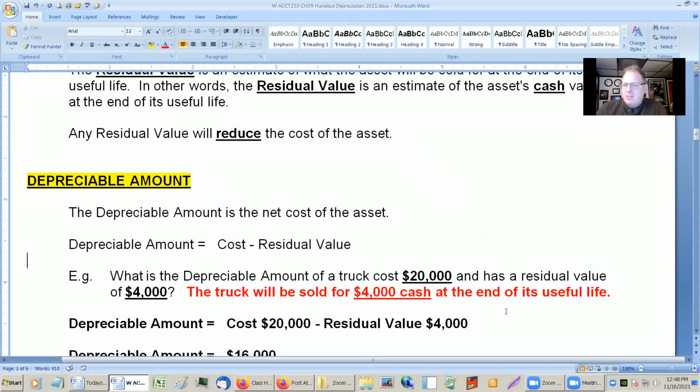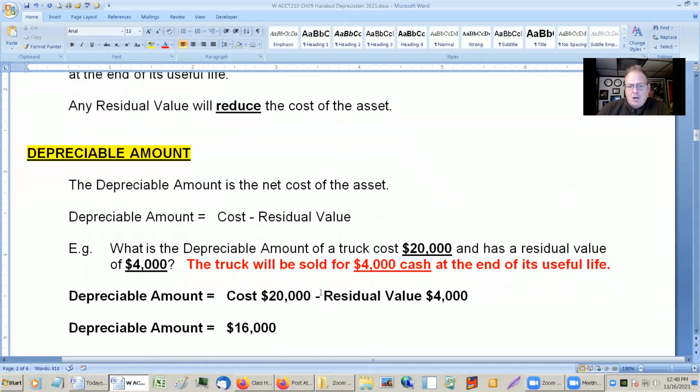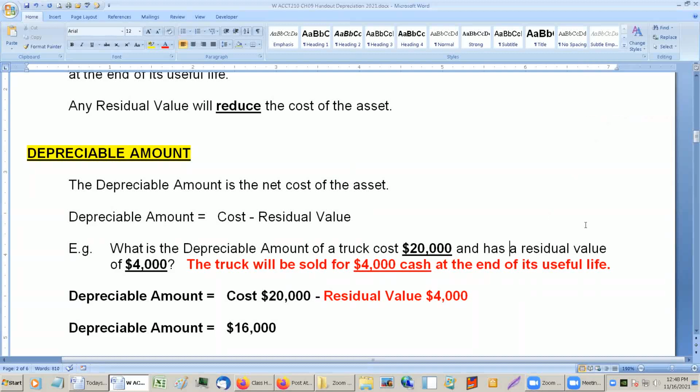So that will reduce the amount we're going to depreciate. I don't think I put how long it's going to last, but at the end of its life, it's going to get $4,000 back.